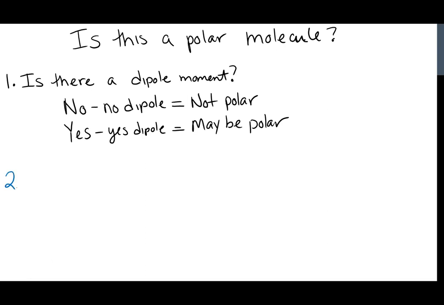Okay, the other question that we have to ask ourselves is about the shape, right? So does the shape lend itself to being a polar molecule? And this is a very, very basic way to think about it. There's certainly exceptions to the rule, but it's a good place to start. So just know that this is not all-inclusive, but a good place to start.